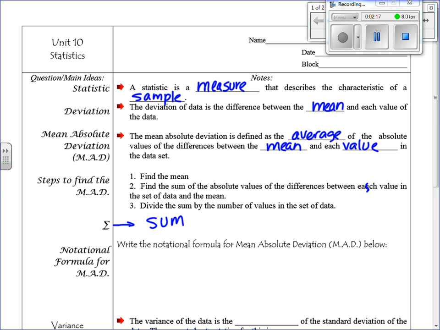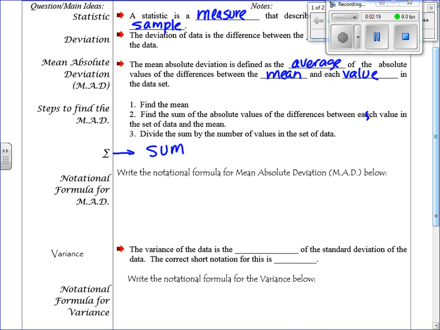So let's go ahead and write the notational formula for mean absolute deviation below. Okay, so we have this symbol here, which means the sum. And the limits, that's what this i equals 1 is. The limit is from 1 up to the number of values that there are. Okay, so it might start at 1, it might go all the way up to 1,000.